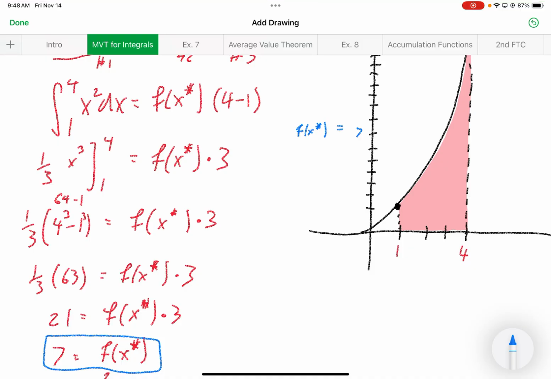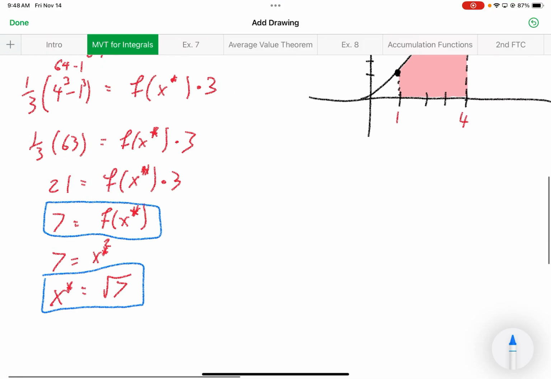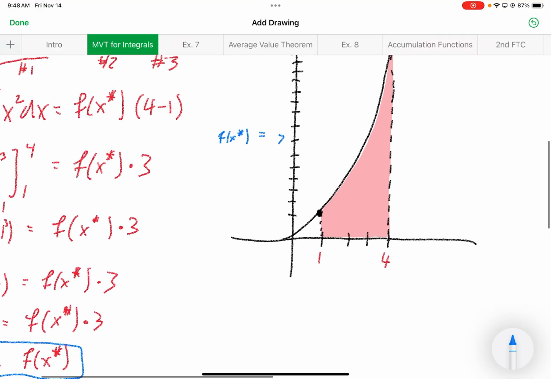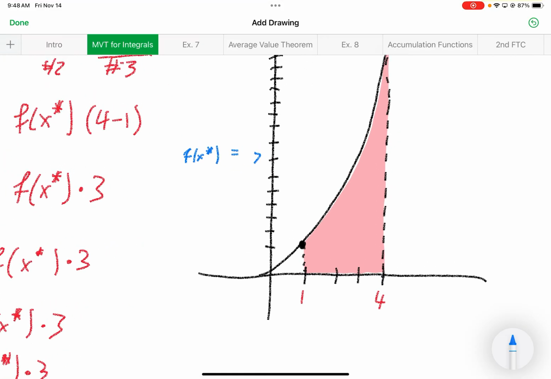That height happens at the x value of square root of 7. What is square root of 7? It's like 2 point something, right? 2.73 or something like that. I don't know what it is. Let's just say it's right here-ish.